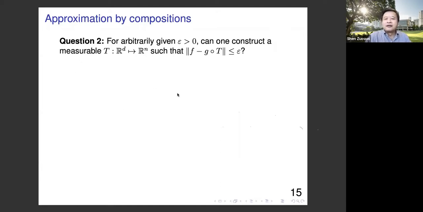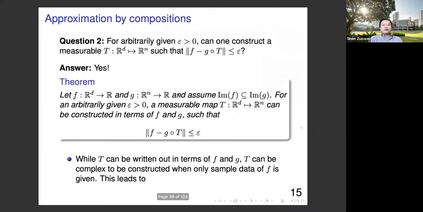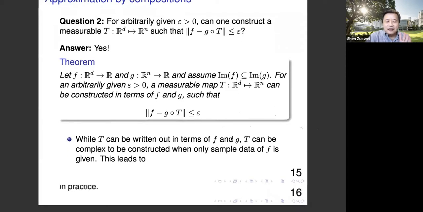You just need the image of G to be a superset of the image of F, nothing else. Furthermore, if you give me F and G, I can write out T for a given epsilon. Theoretically, this is constructive.